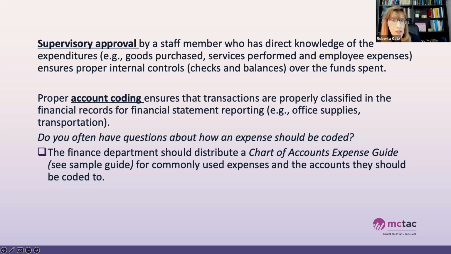For example, since the cost of food has increased significantly, is it more important for them to know how much the organization is spending on meals, in which case they will direct you to code it to meals and entertainment? Or is it more important for them to know how much the organization is spending on meetings in general, in which case they will tell you to code all those expenses to meetings and conferences?